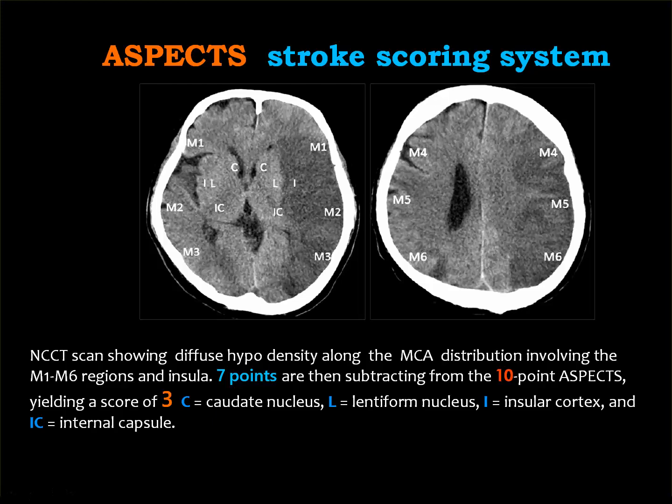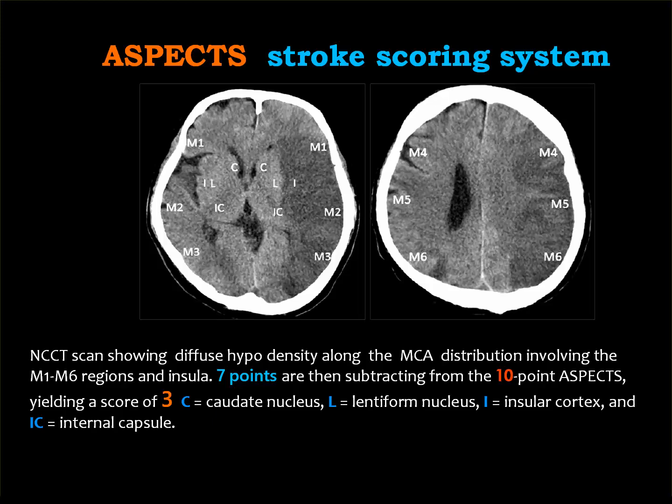Then what is the value of this scoring system? It decides if the patient is to be injected with systemic thrombolytic agent or not. All the criteria support the idea that if the score is above 7, if 3 areas only are affected, then you may give the patient an intravenous thrombolytic agent.